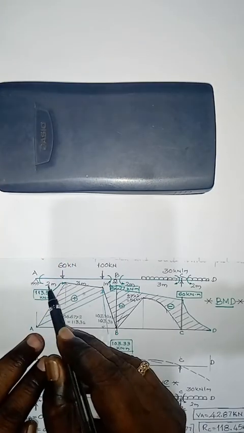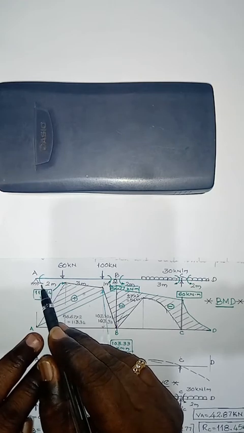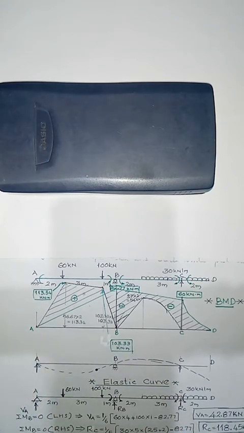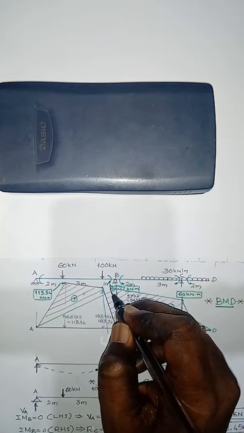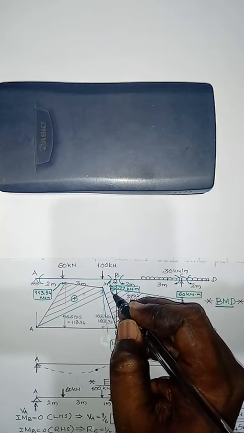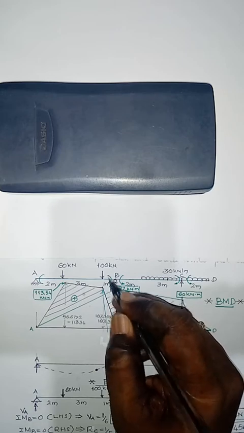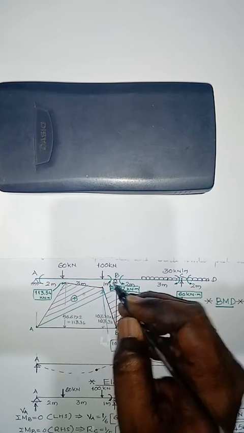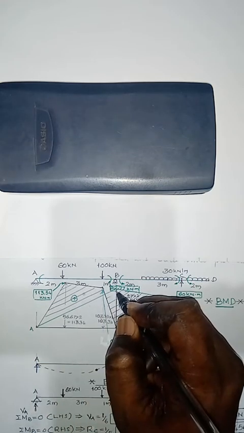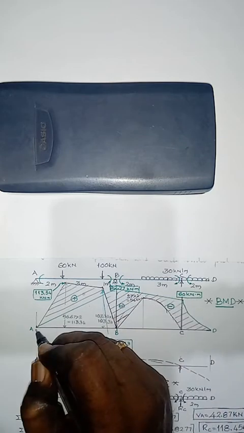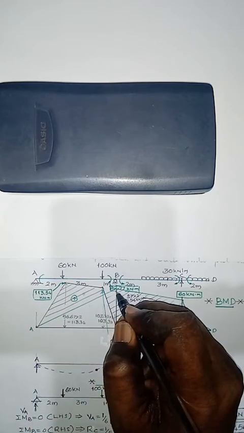By observing this, the moment at this point is 0, and the moment at this point is 82.77. By observing the arrow mark, that is hogging. We can represent the hogging moment above the reference line. The variation is a straight line, so join this by a straight line.